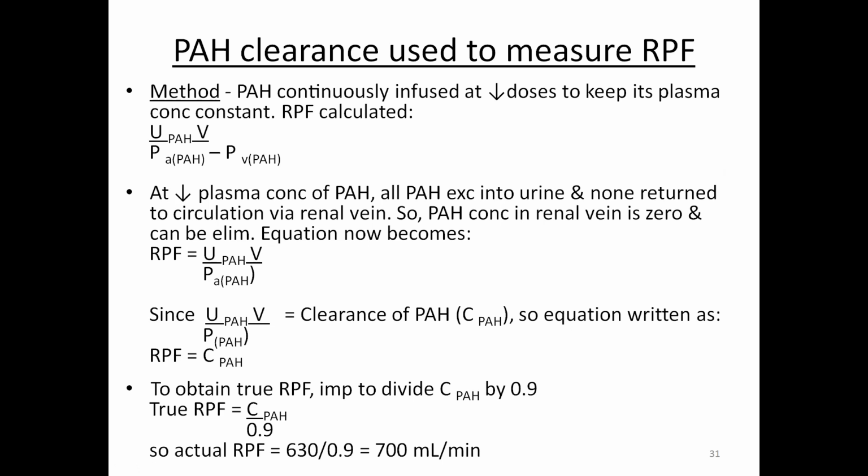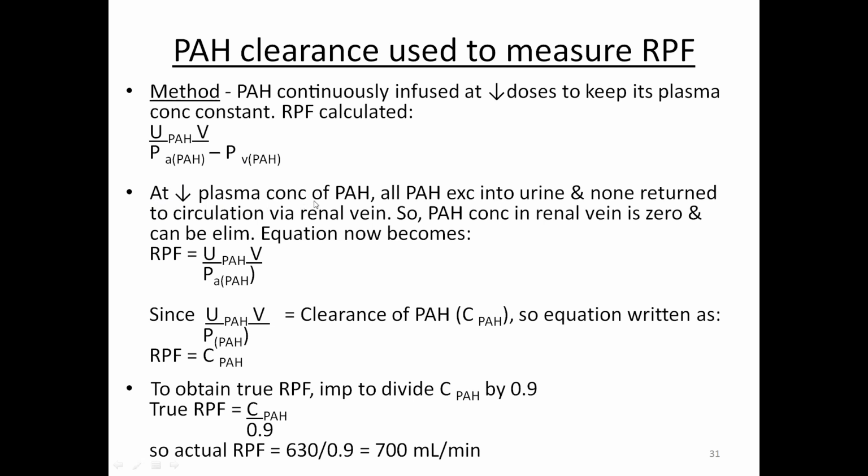Now, what is the method of PAH clearance? PAH is continuously infused at low doses to keep its plasma concentration constant, and the RPF is calculated by the formula I just told you, U into V, so in this case UPAH upon PA PAH minus PV PAH.